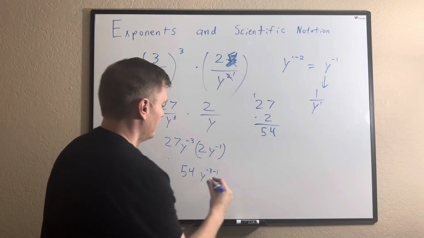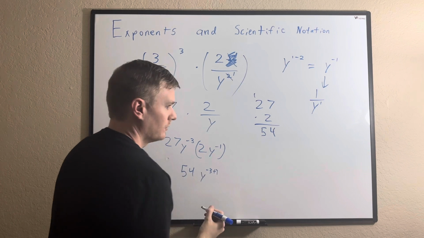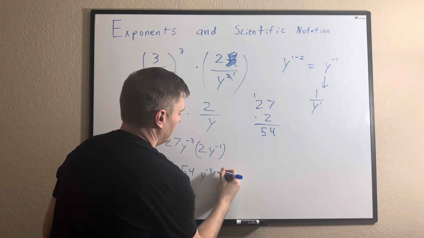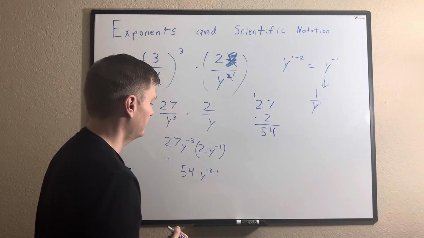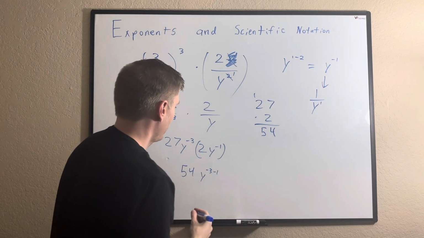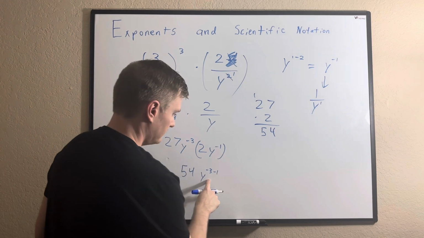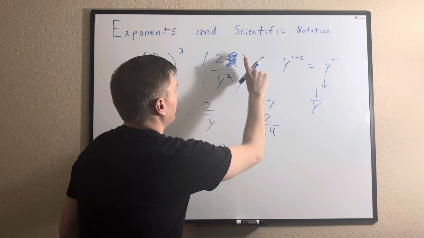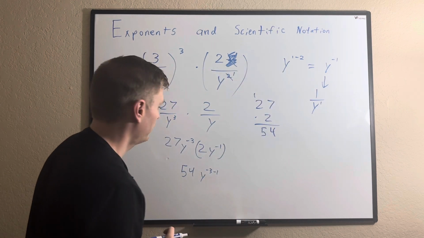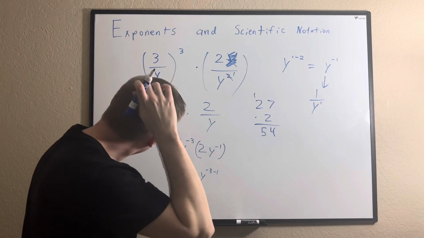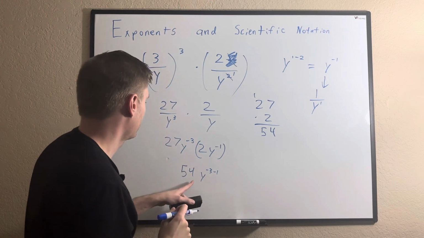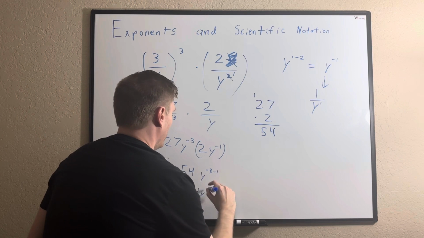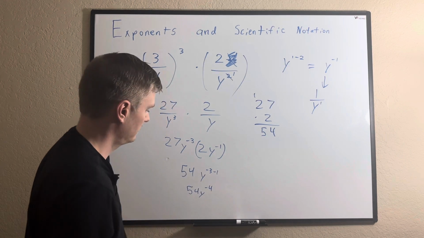We're adding them together, so we're actually adding a negative 1, but adding the opposite is the same as subtracting, so that's why I just put minus 1, so as not to confuse it with the division part of it. You know what I mean? 54y to the negative 4.